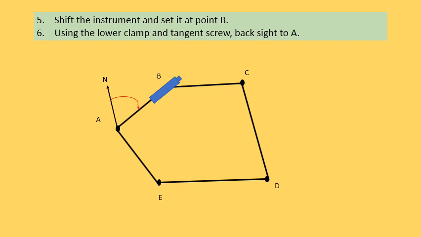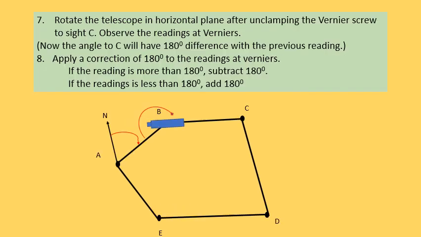I have turned the telescope after unclamping the upper screw or vernier screw till I see the point C. So here you have covered some extra distance, some 180 degrees in addition.